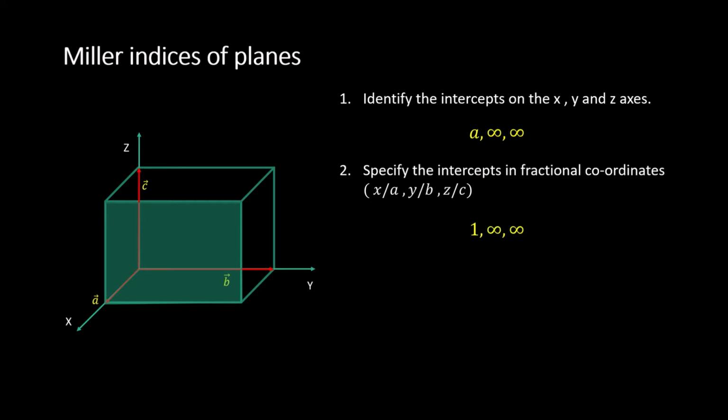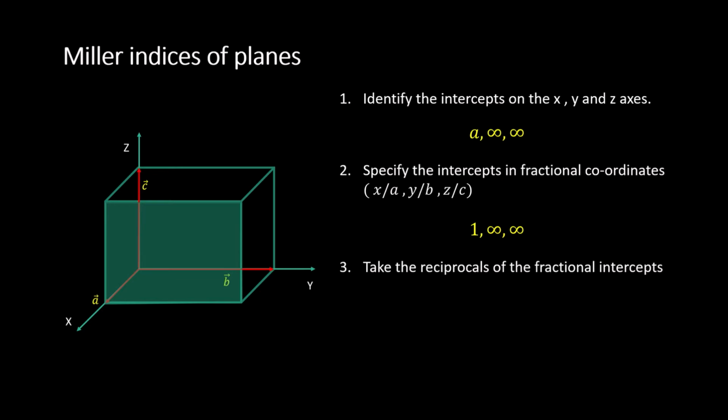So this gives the fractional intercepts a/a, infinity/b and infinity/c, which results in 1, infinity and infinity. Now the third step is to take the reciprocals of the fractional intercepts. This will give us the Miller indices, which by convention are specified in brackets without being separated by any comma or other symbols.